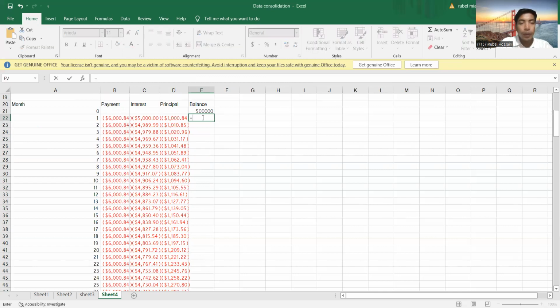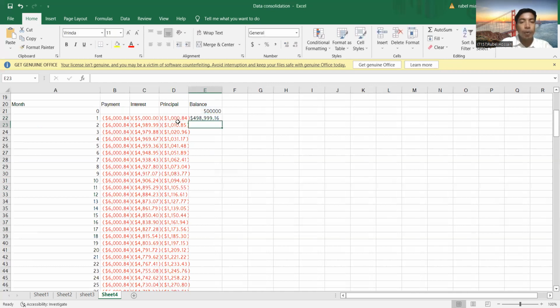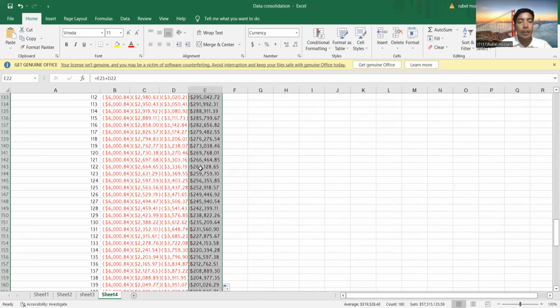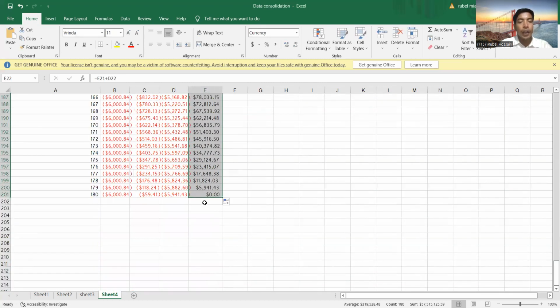Click on an equation sign, then click on here, then give a plus sign, then click on here, then the amount will come. Then we can easily understand that the amount is changing, and finally we get the amount as zero.